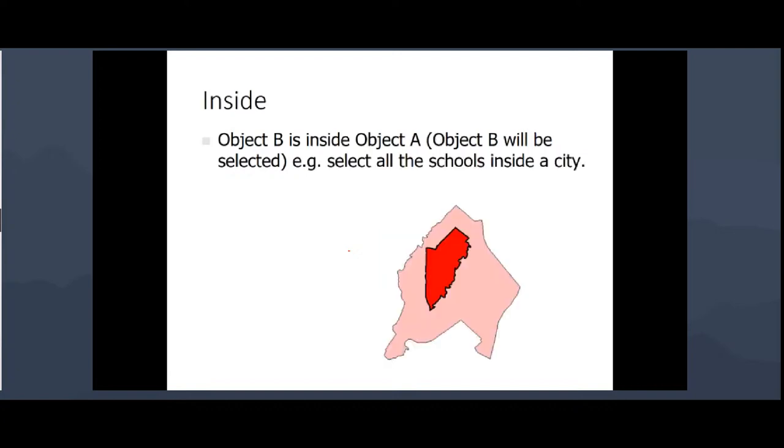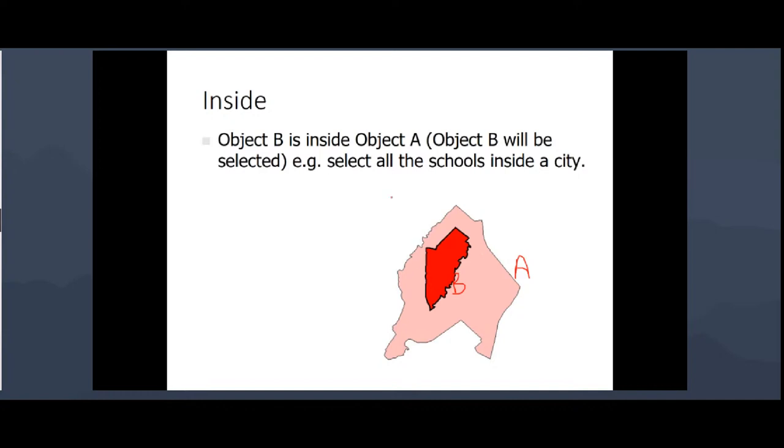Then inside relationship. This relationship is sometimes very useful. Anyway, all the relationships are very useful. So here, suppose you are having object B and outer polygon is object A, and your objective is to select the object which is inside.